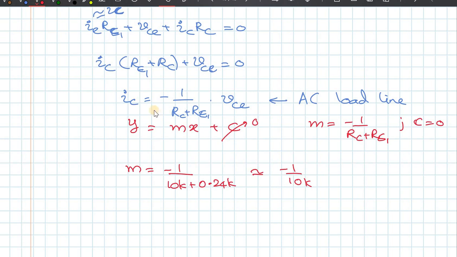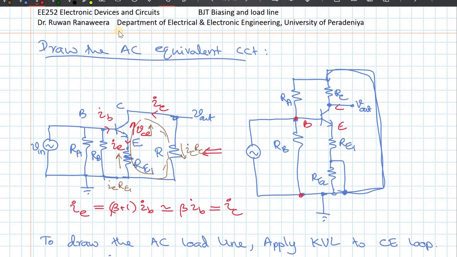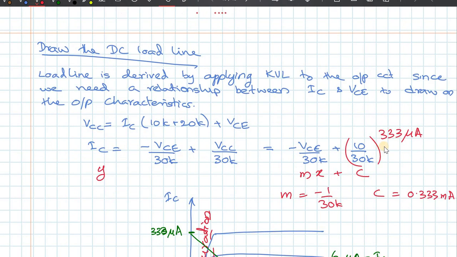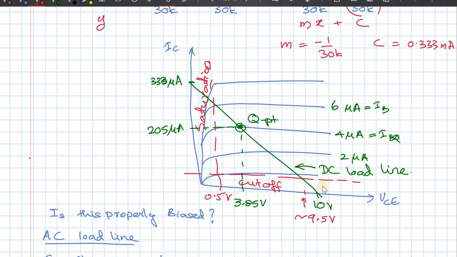So this is what we have. So if you go back to my original circuit, go to the DC load line. So this is the green color one. The slope of this is equal to minus 1 over 30k.